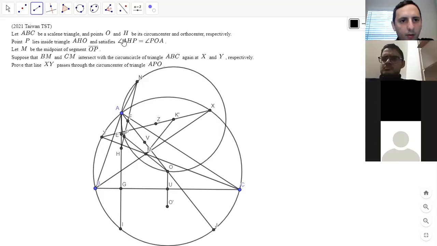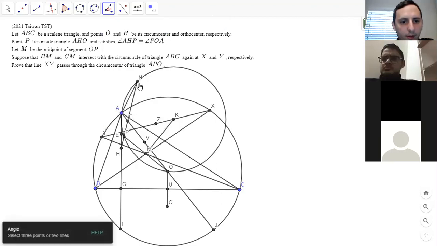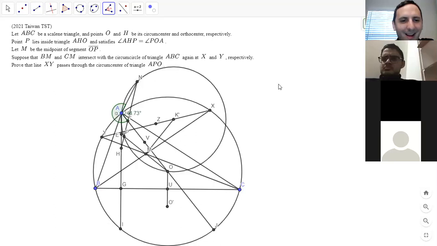Let me check it out. So I kind of like that idea. I knew it would measure it the wrong way. But OAN, and then, sorry, see what I'm trying to get, congruent triangles.